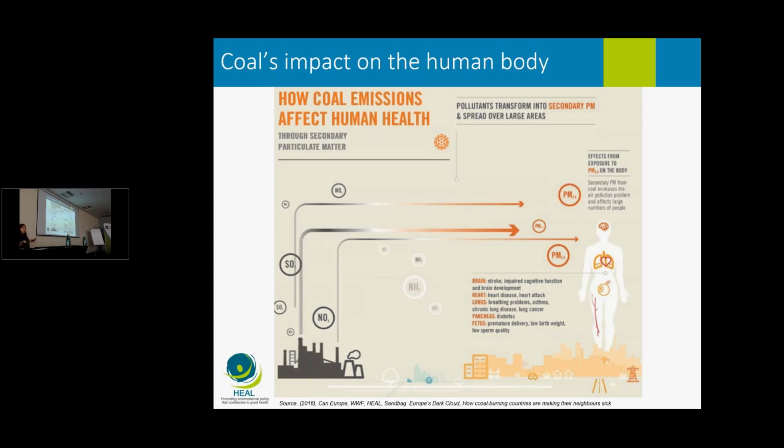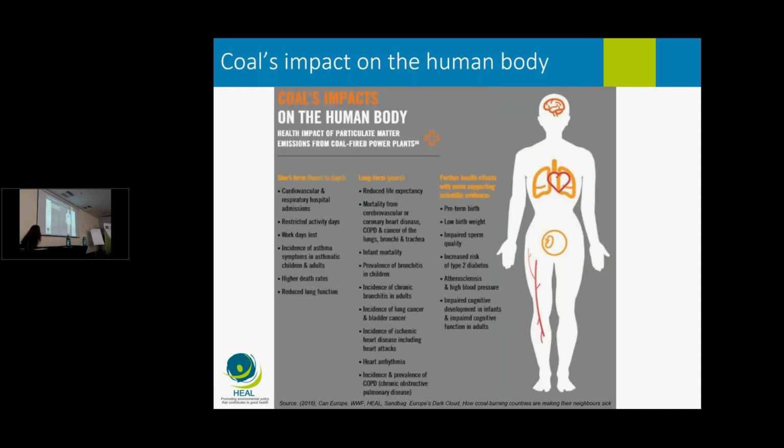Every month we work on some new evidence based on international research concerning air pollution health impact. And what's also important is that we can divide them into short-term impacts, long-term impacts, and some further health effects. So short-term impacts are diseases like cardiovascular diseases, incidence of asthma, higher death rates.